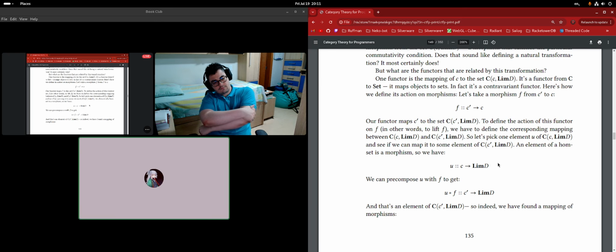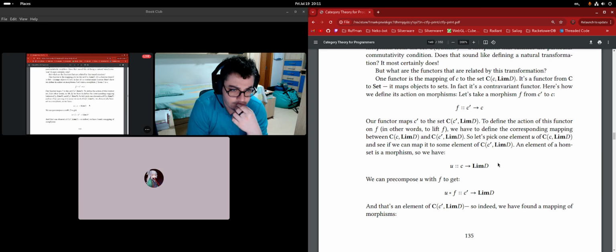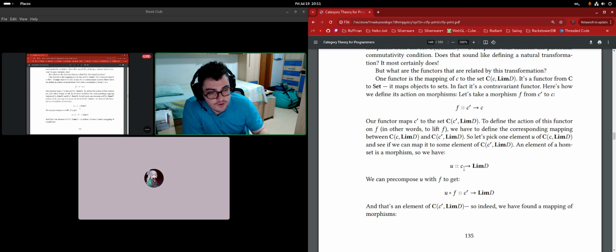We're going there with an extra step because we have to go to the opposite category, right? So one functor is the mapping. It's a functor from C to set. That's fine. We are still talking about only one functor here. All of this is only one functor.